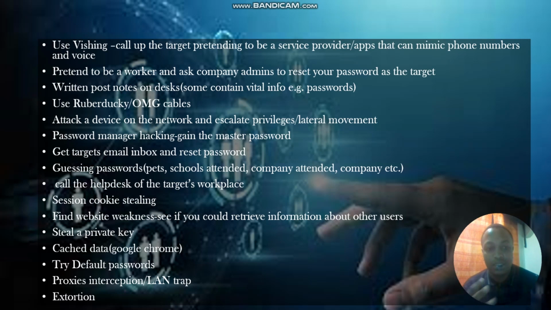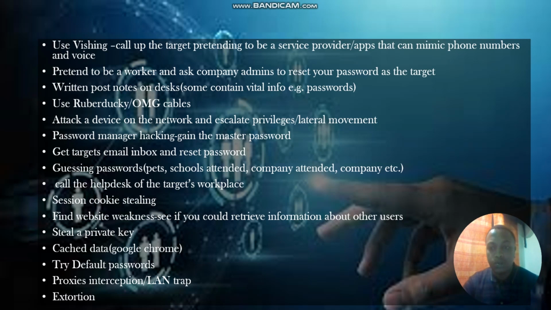Google is a very complicated platform. It's not privacy oriented. So if you want to use other browsers, use Firefox, use Brave, but not Google Chrome. And I will make sure to do a video so that we can demonstrate how we get these Google Chrome passwords, because it's very easy.